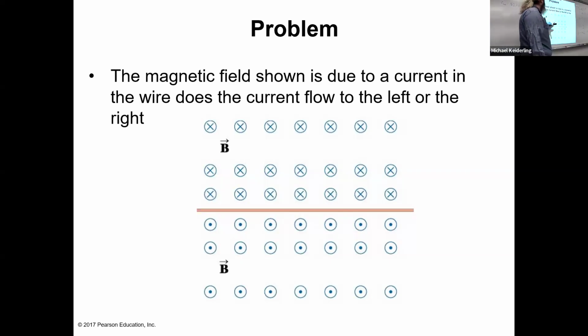So here, the magnetic field is going into the board on top and out of the board on the bottom. So if we curl our fingers, we want to go into the board above the wire and out of the board on the bottom. That means the current is flowing this way, to the left.